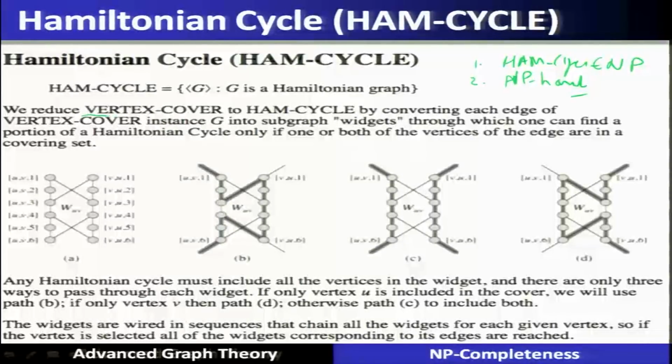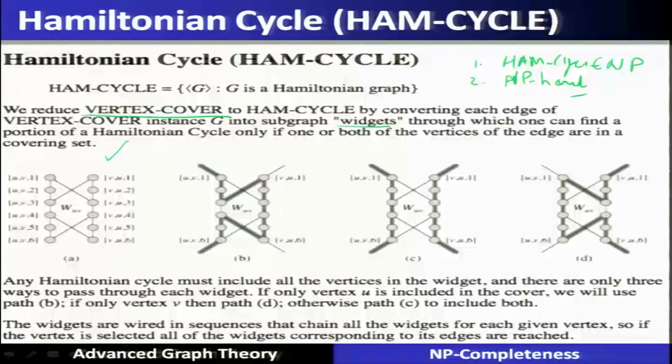So let us choose vertex cover, a well known NP complete problem, and we will reduce it to the Hamiltonian cycle problem by converting each edge of a vertex cover instance into a subgraph called a widget, through which one can find a portion of the Hamiltonian cycle only if one or both of the vertices of the edge are in the covering set.